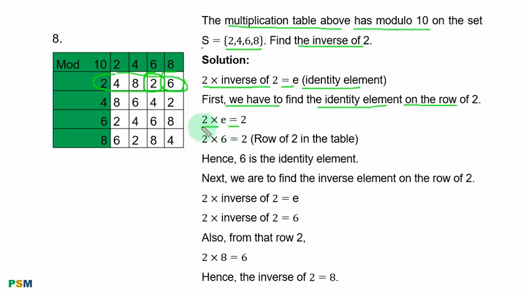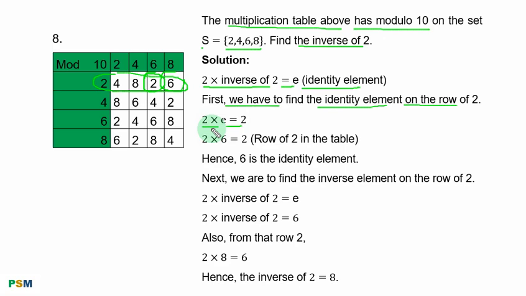You multiply 2 by E, you have 2. Why is this so? Remember, in our previous lesson, we have it that A asterisk E equal to A. So A is 2 now. So we have 2 times E equal to 2.